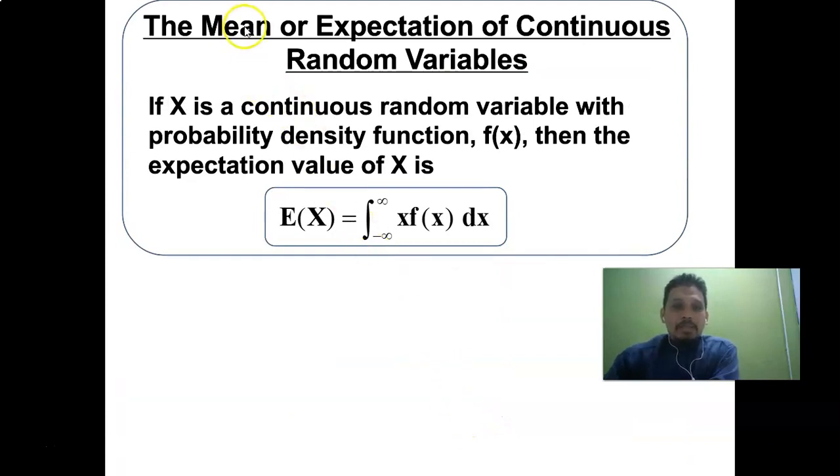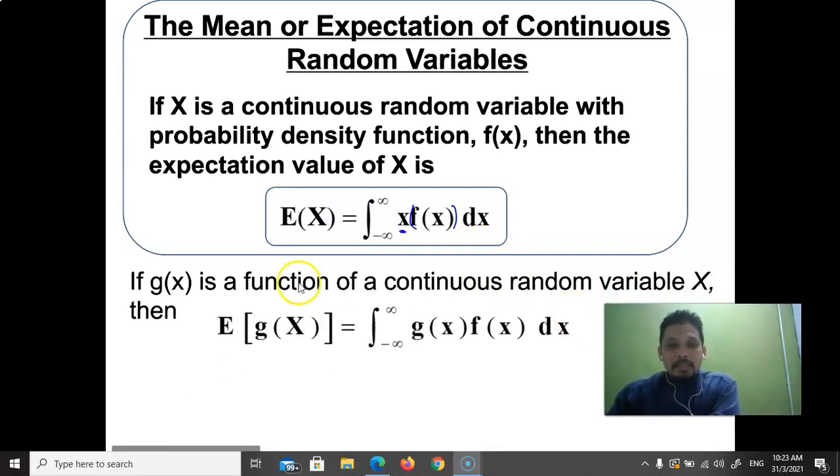So mean or expectation of continuous random variable. X is a continuous random variable with the probability density function f(x). Then the expected value of x is equal to the integral of x multiplied with the function f(x) dx.